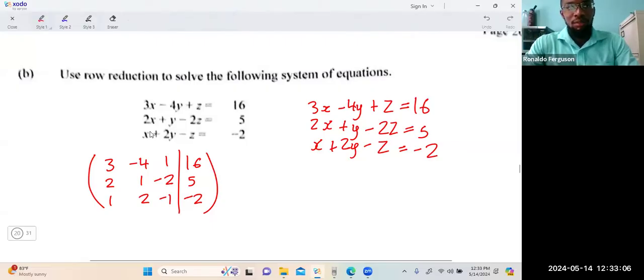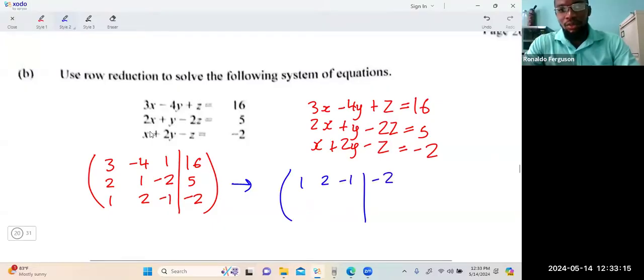So what I'm going to do is interchange row 1 and row 3. So I'm going to turn it into 1, 2 minus 1, augment minus 2. Then I have 2, 1 minus 2, 5. Then I have 3 minus 4, 1.